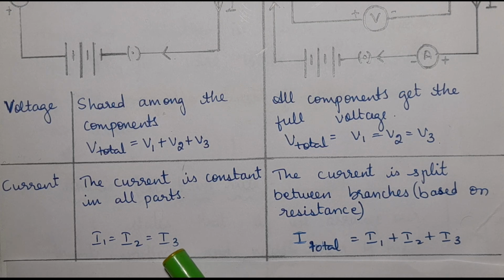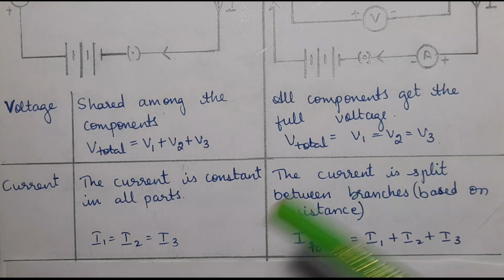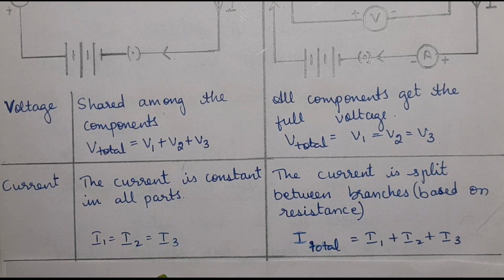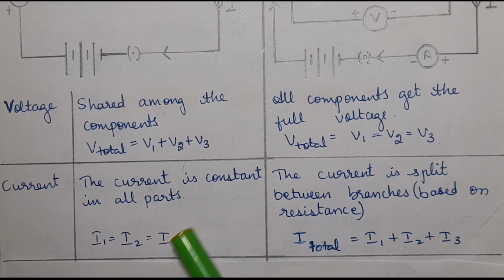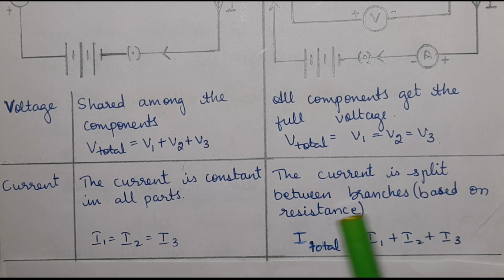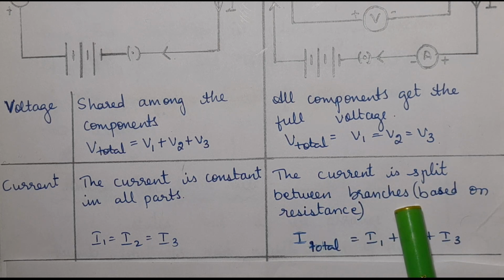Earlier we had seen that in a parallel circuit, voltage was the same. In series, current is the same. We have to compare the parameter current with respect to series and parallel circuits. So what about current in the parallel circuit? The current is split between the branches.